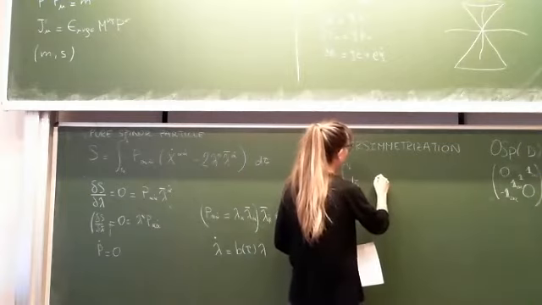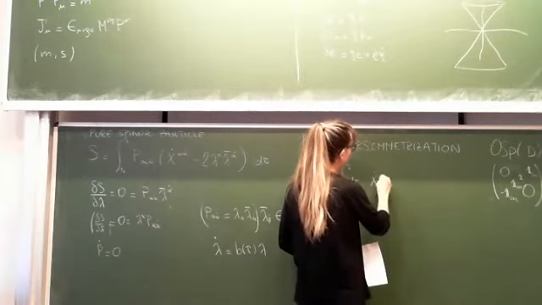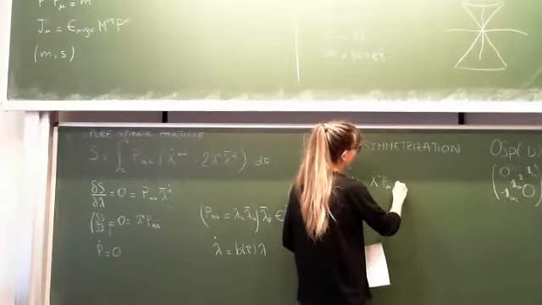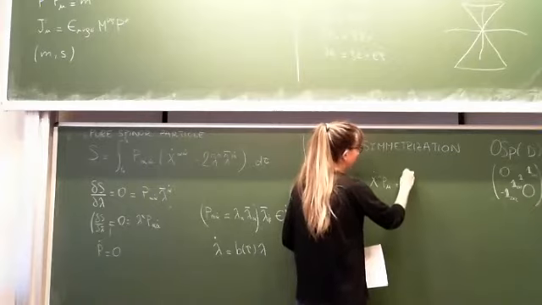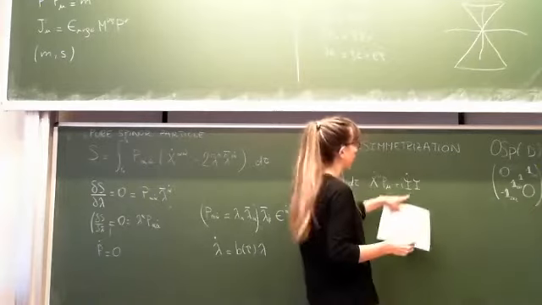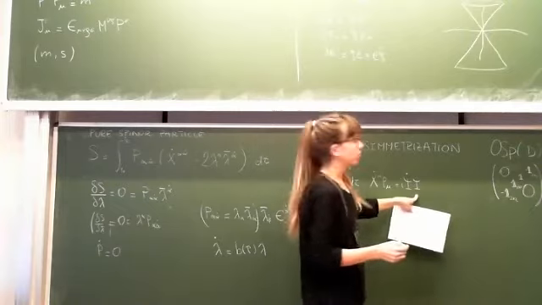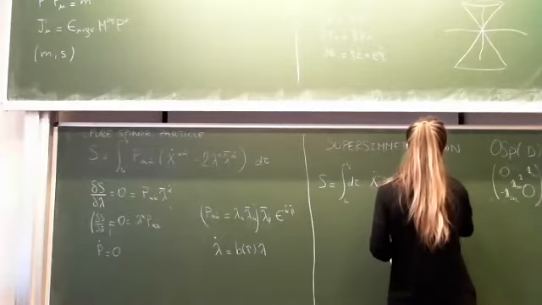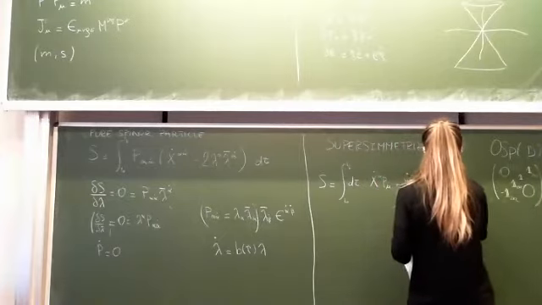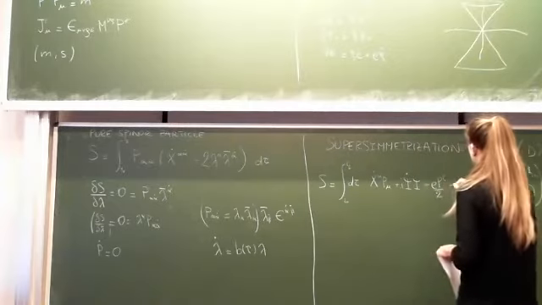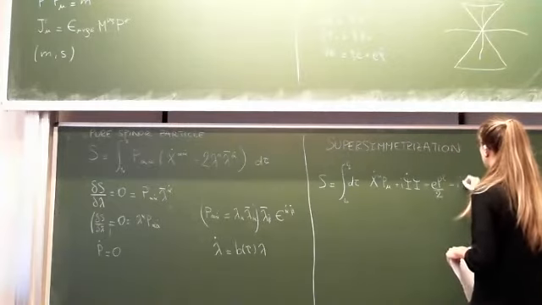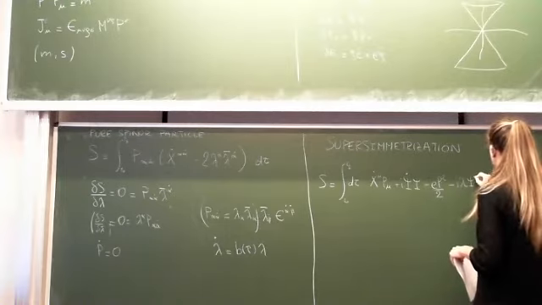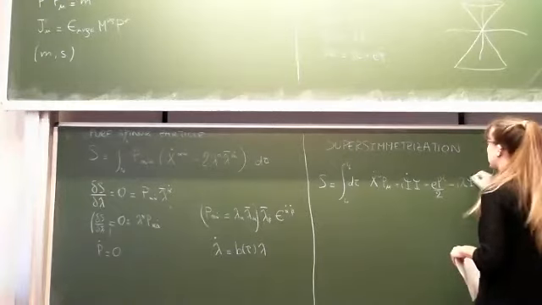So we have X dot P again plus i psi dot psi, where psi will be your Grassmannian variables, minus E P squared over 2, and then minus i chi psi, I can write it, psi mu P mu, like this.